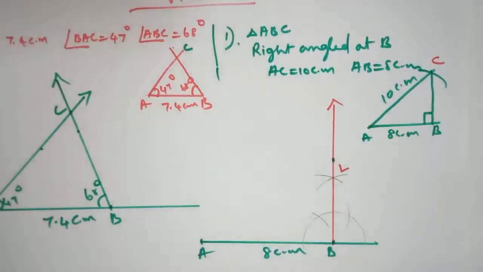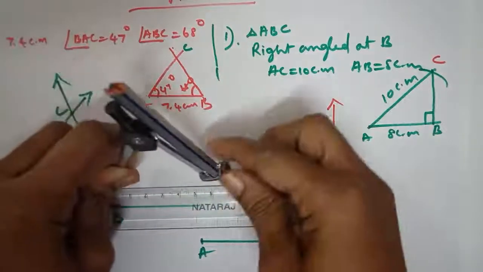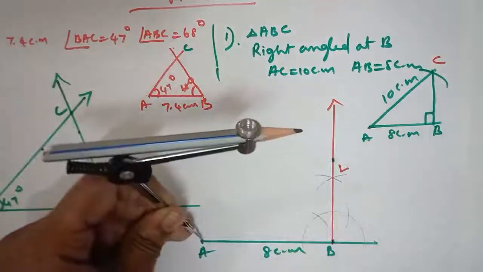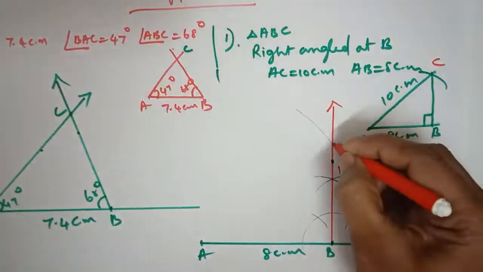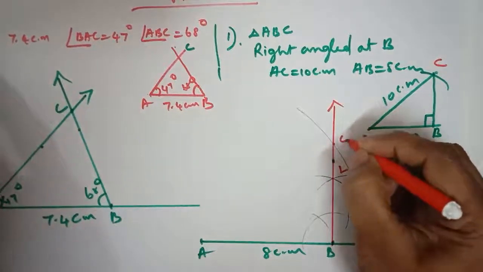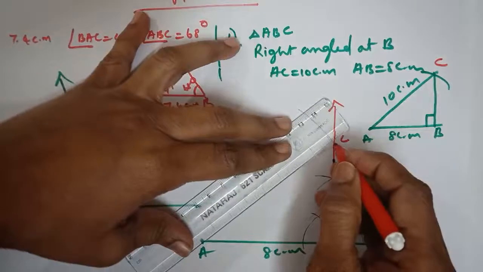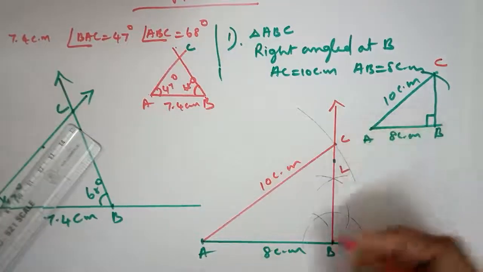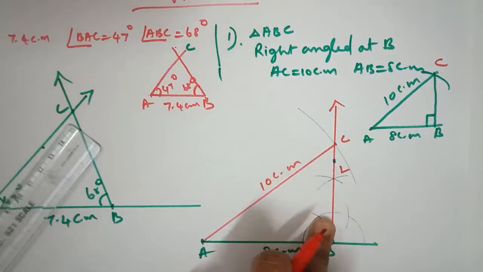So you should take 10 centimeter. Mark C on it, and you should join AC. So this is 10 centimeter, this is right angle, this is 90 degrees. Now this triangle is the required triangle.